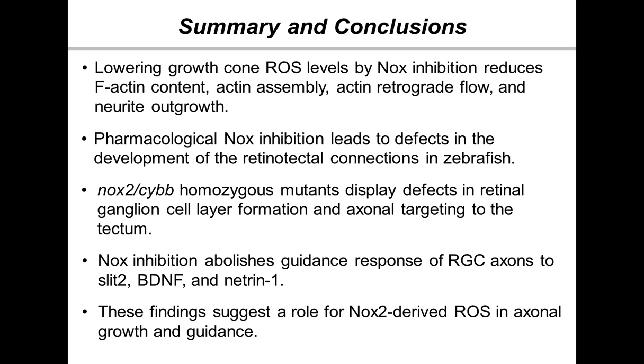And then we also showed you some in vitro data with cultured neurons that Nox inhibition abolishes the guidance responses of RGC axons to SLIT2, but we also found that for other cues such as BDNF and netrin. So in summary, these findings suggest a role for Nox2-derived reactive oxygen species in axonal growth and guidance.